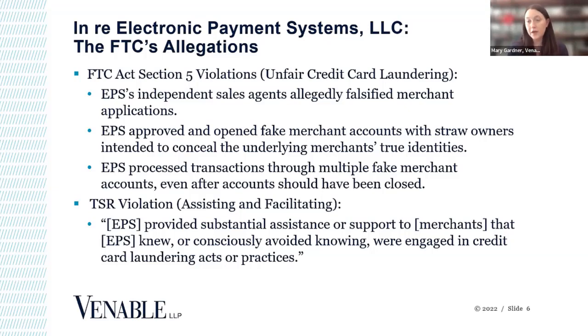And specifically, the FTC alleged that EPS, through its independent sales agents, falsified merchant applications, opened merchant accounts for straw owners, hiding the true identities of who the merchants were, and that EPS then processed transactions through these merchant accounts even after they had evidence that the account should have been closed due to red flags and indicators of fraud.